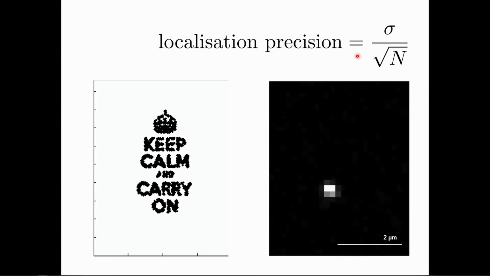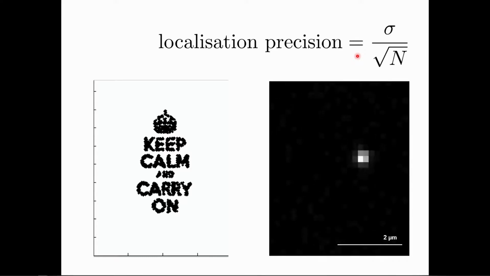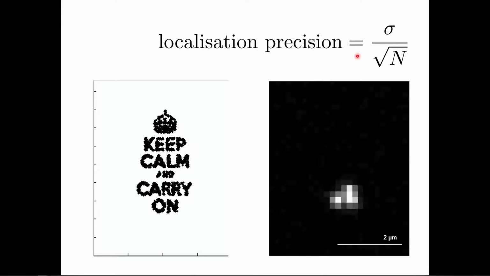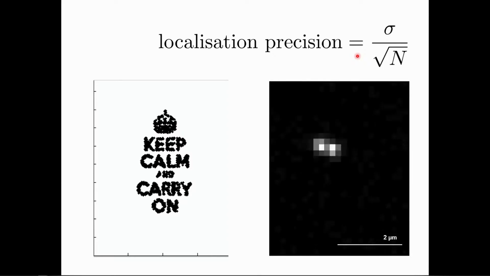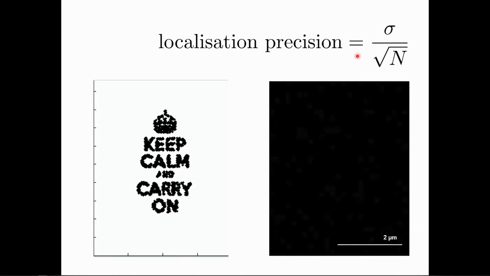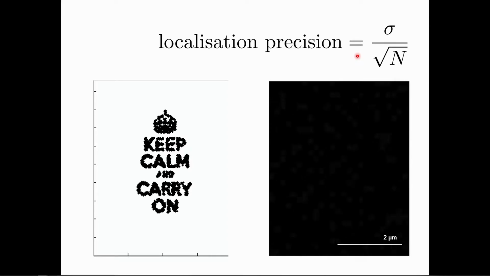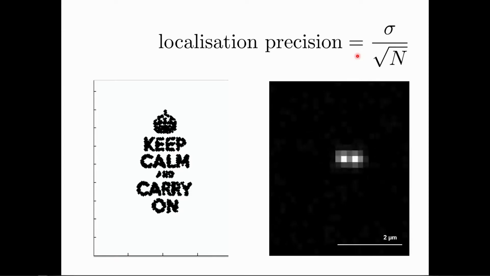Then theoretically, the localization precision for the molecule goes from 300 divided by the square root of 10,000, which is 100. 300 divided by 100 is 3. It goes down to 3 nanometers. 3 nanometers is difficult to achieve, but you can routinely achieve 10 nanometer resolution with a few hundred or a few thousand photons per molecule.